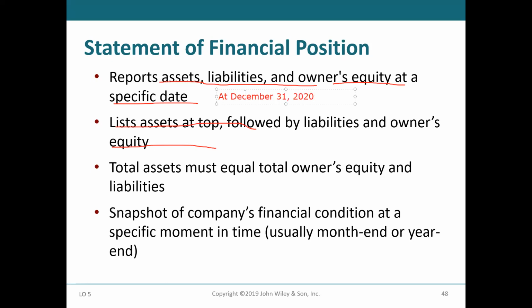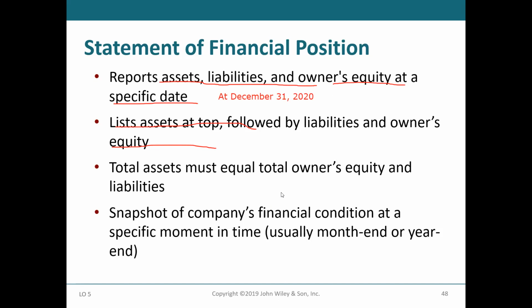So the statement of financial position just shows how much the assets, liabilities, and owner's equity are at a specific date. It doesn't show a period like the income statement or owner's equity statement. We call it a snapshot of the company's financial condition at a specific moment in time. And remember that total assets must always equal total liabilities plus owner's equity.